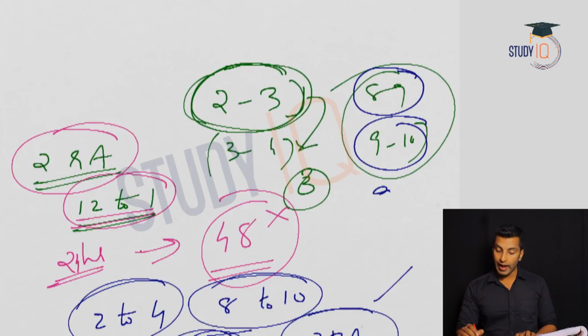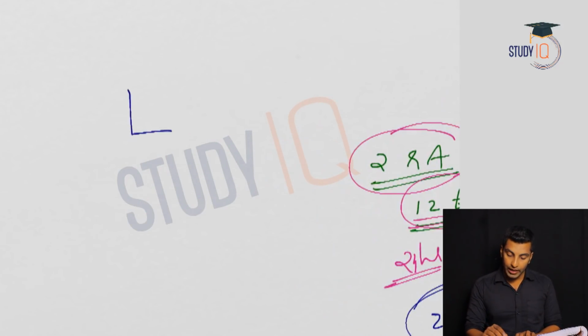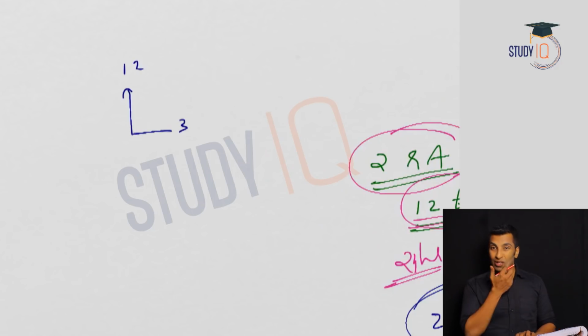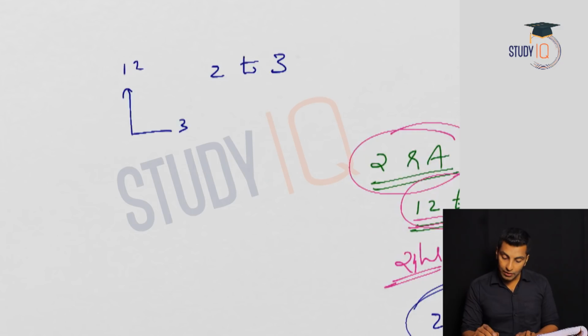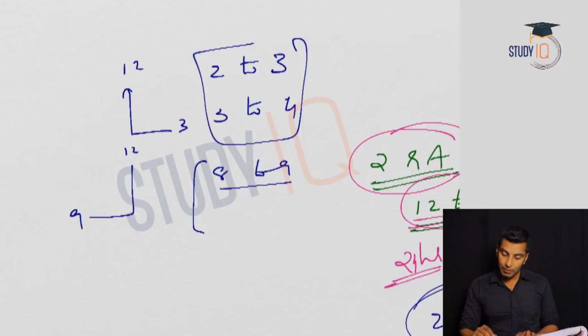What is that? 9. So this is 12, this is 3. This is a right angle, the second right angle between 2 to 3, and there is a first right angle between 3 to 4 also, so these coincide. Similarly, with 9 and 12, this happens at 9 o'clock, and that's the second right angle between 8 to 9 and the first right angle between 9 to 10. These two are coinciding.